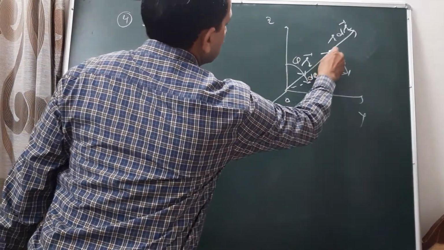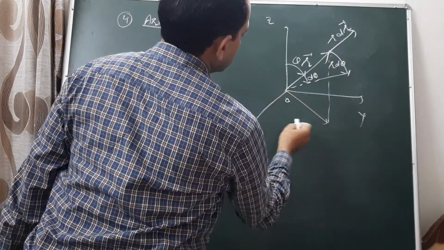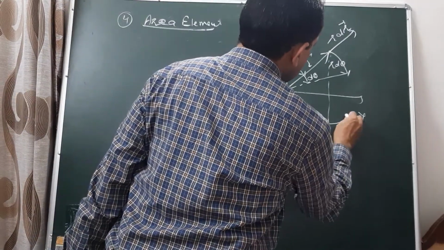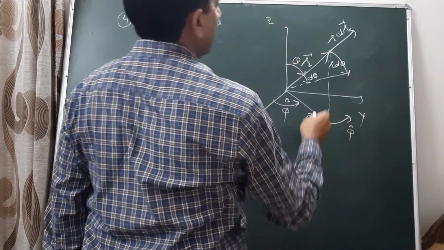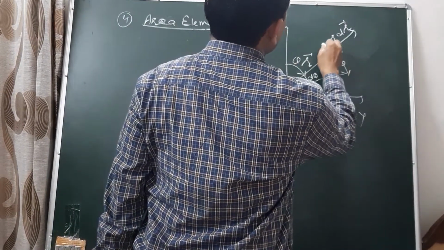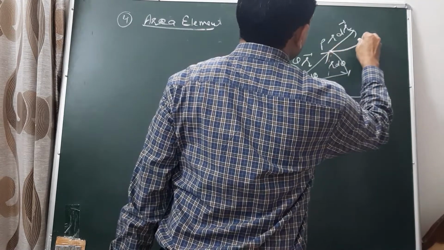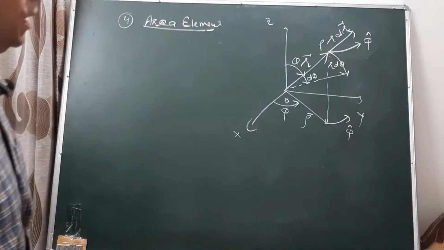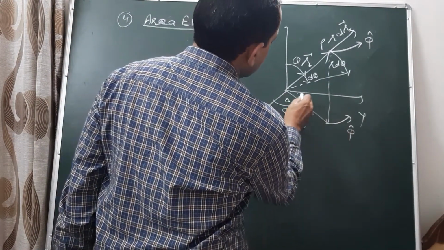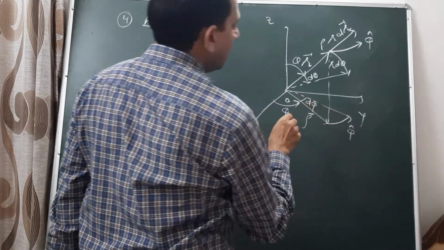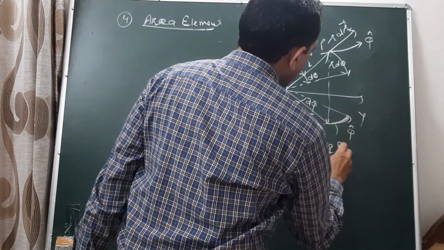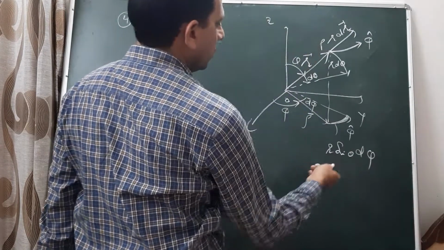We know that this is the projection of P, and this one is the rho vector, and this is phi, and the corresponding variation is phi cap. If we trace this vector in this plane at point P, then the element corresponding to this phi cap is d phi, and hence the corresponding change is r sin theta d phi, or rho d phi.